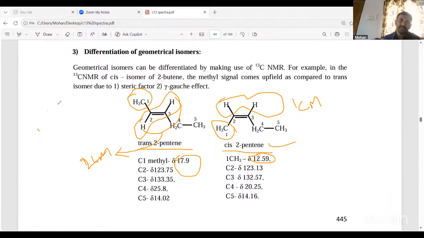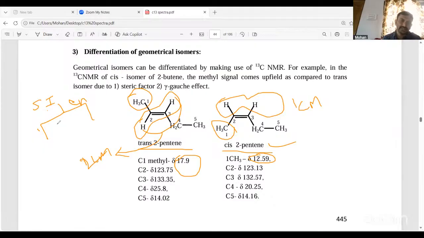two types based on the energy here. So the stereoisomers, and the criteria is the energy here.